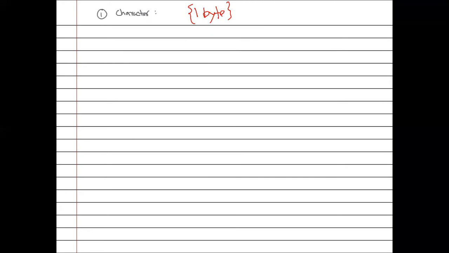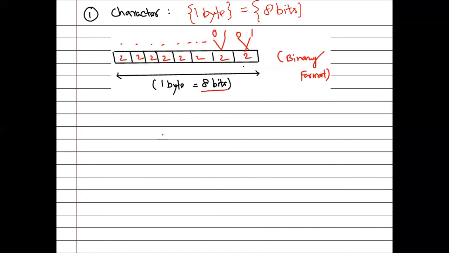So character is 1 byte long. 1 byte long means it is 8 bits long.